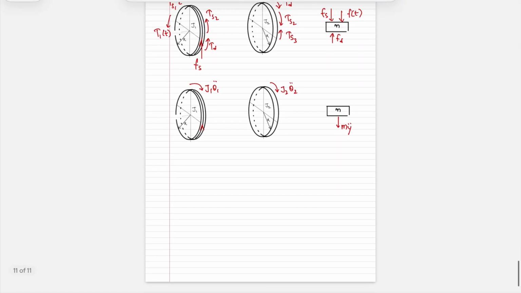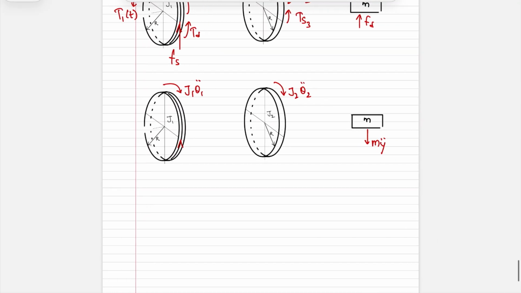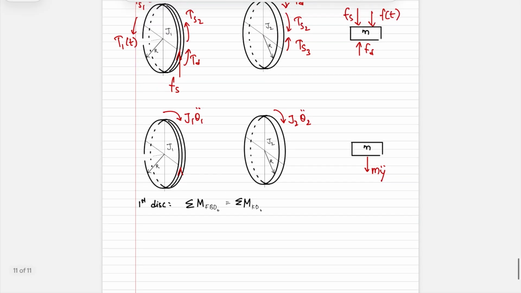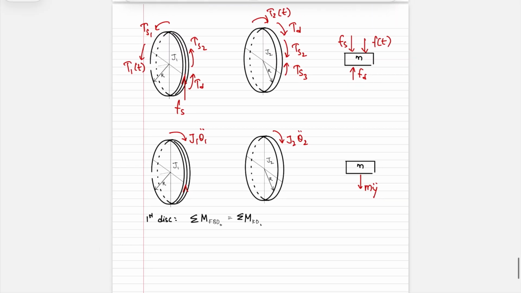So for the first disk, if we were to do the sum of, in this case, moments of the free body diagram about its center is equal to the sum of moments in the kinetic diagram about its center, O. Let's say that we pick a particular direction that we like.